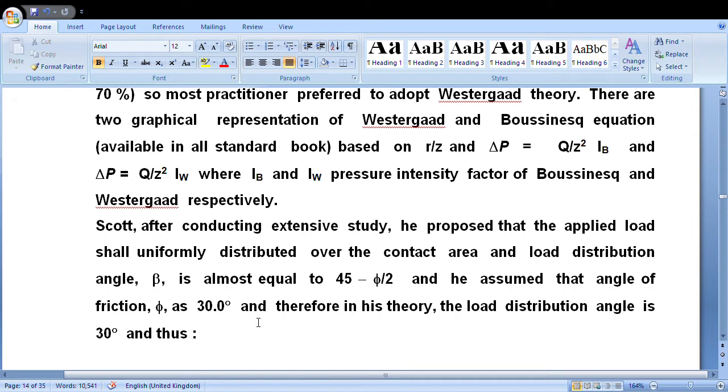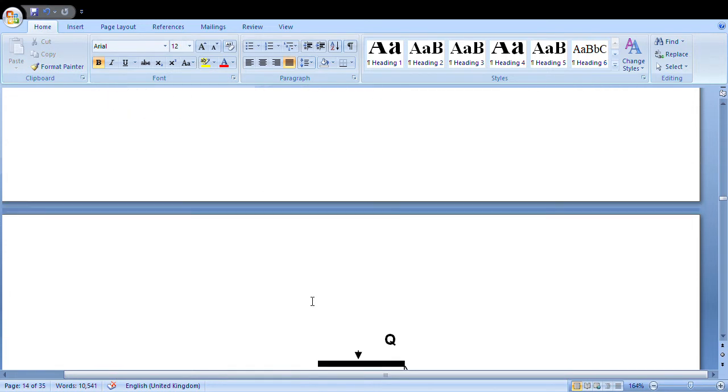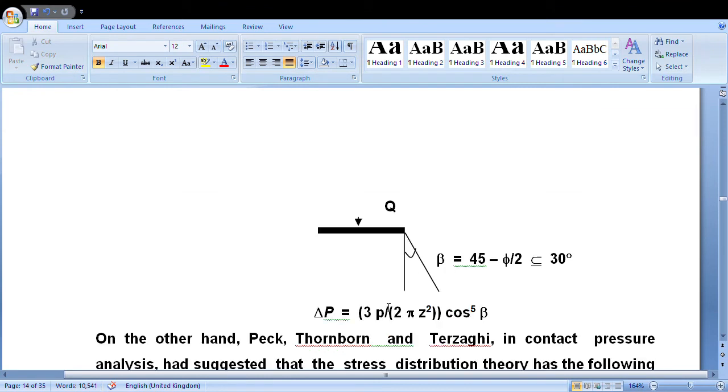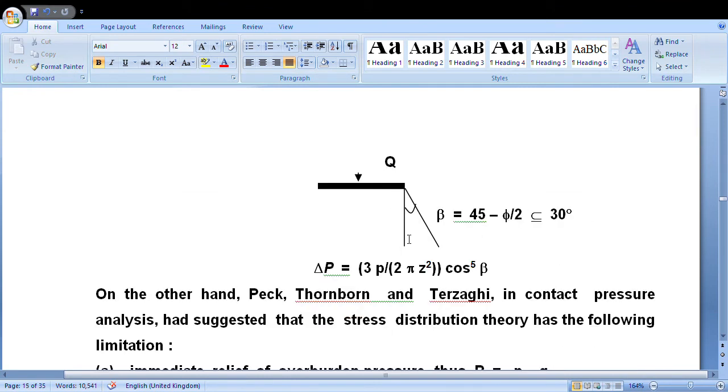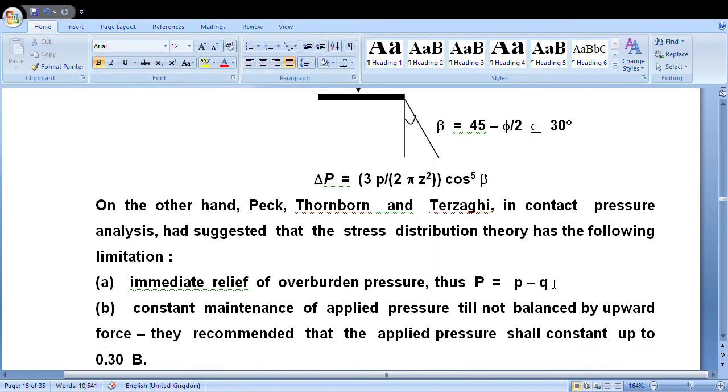So this 30 degree is very comfortable. With this equation, we can find out the pressure distribution at this point to calculate the settlement, which comes to almost 0.3 to 0.4.